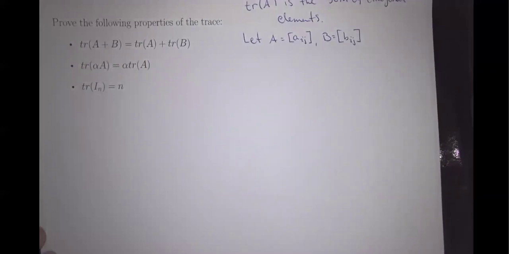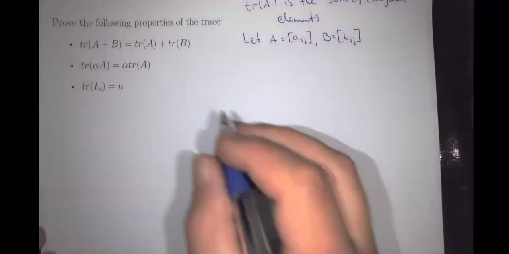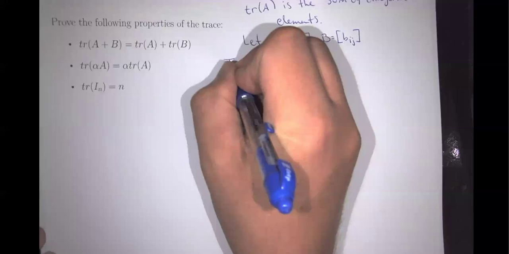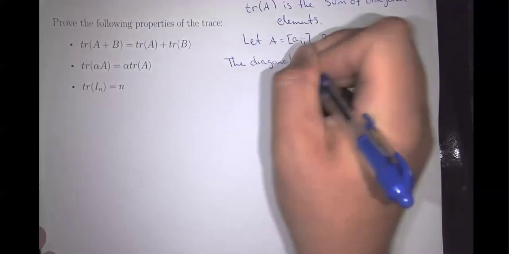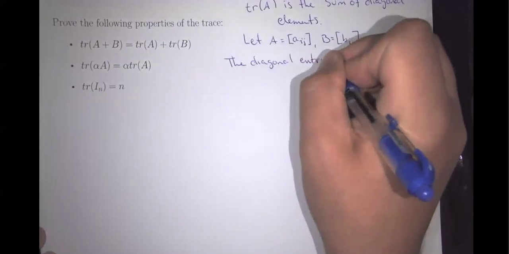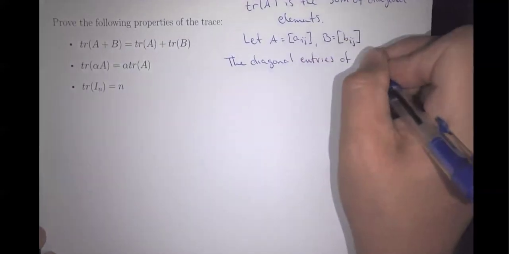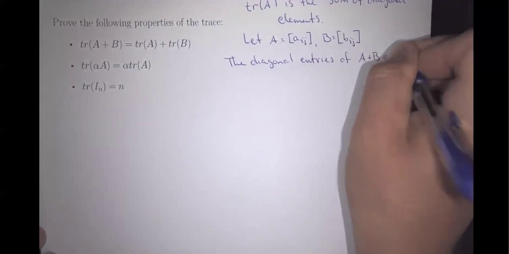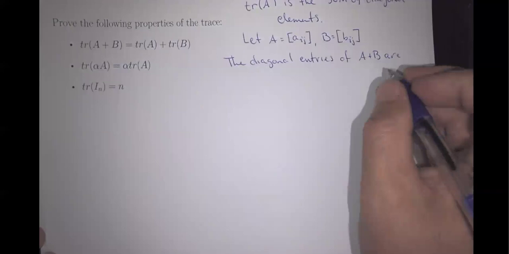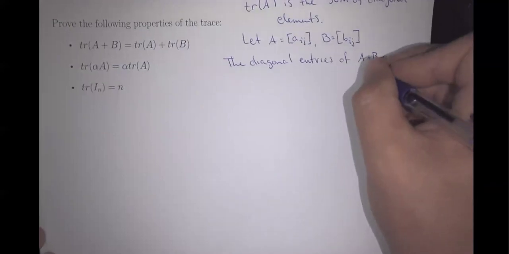So the diagonal entries of A plus B are a_ii plus b_ii.